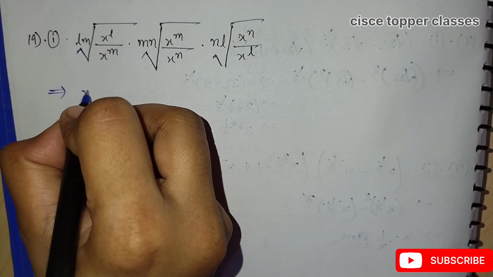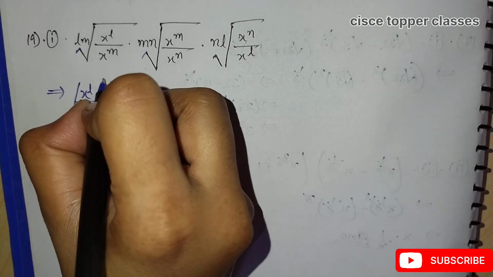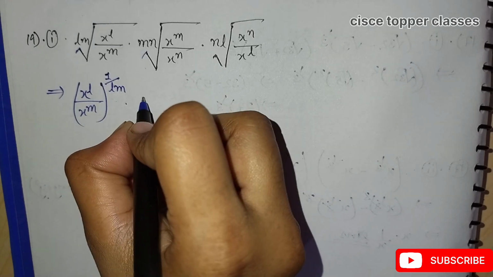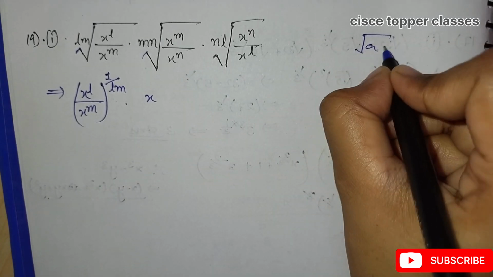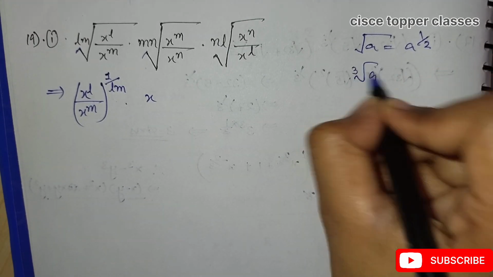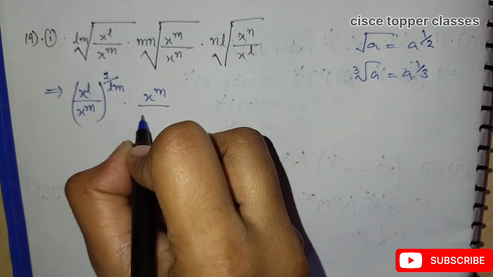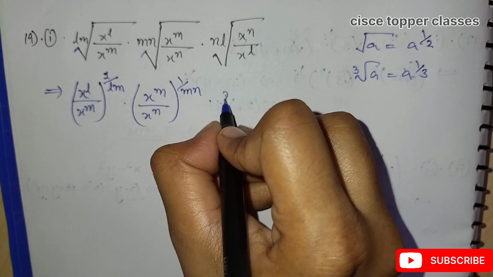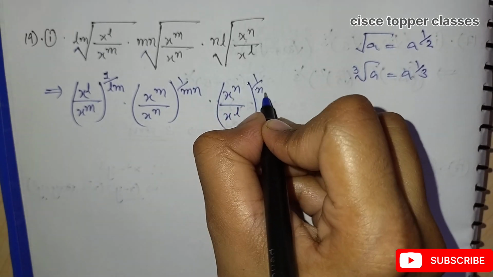Now we can write it as (x^l divided by x^m) the whole power 1 by lm. And here also the same process, like if we write a under root, we write it as a to the power 1 by 2, and a to the power 3 under root we write as a to the power 1 by 3. Same I've used here also: x^m divided by x^n to the power 1 by mn, and x^n divided by x^l to the power 1 by nl.